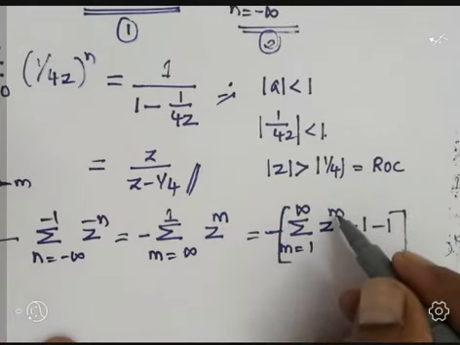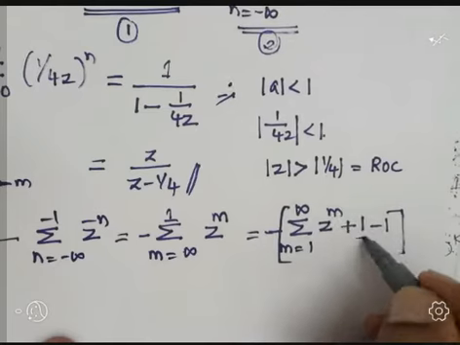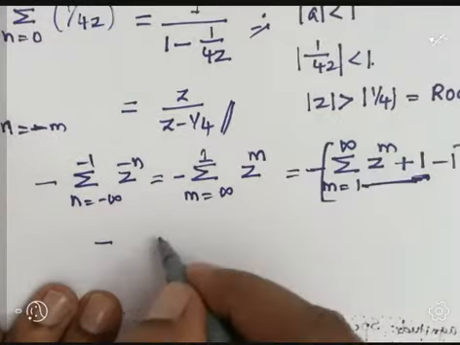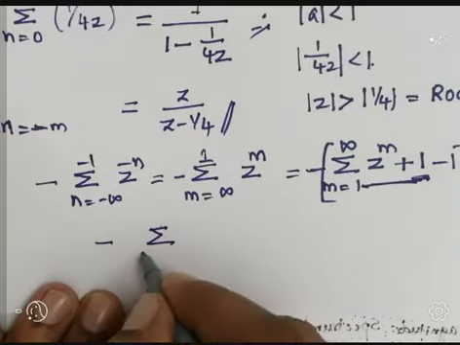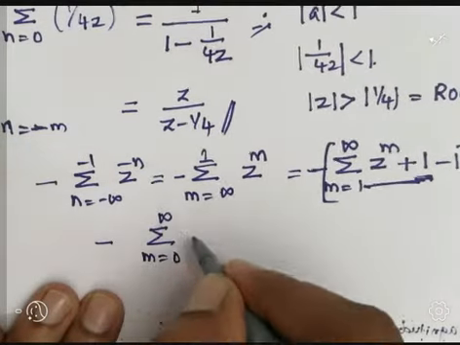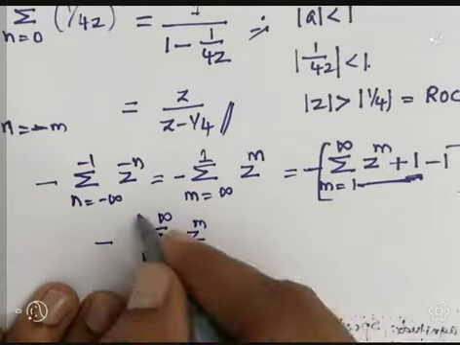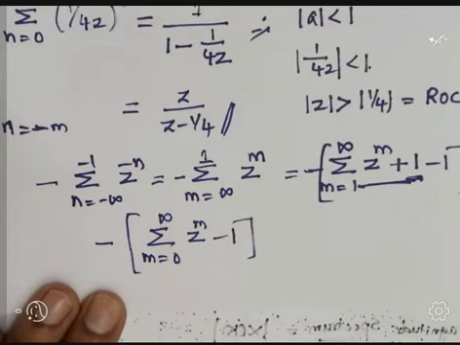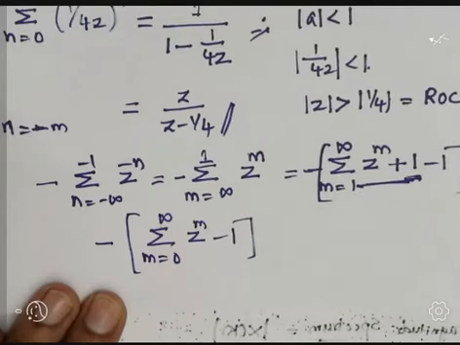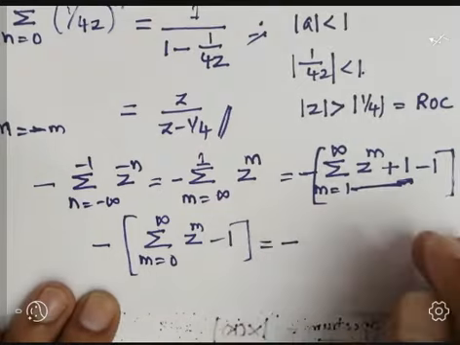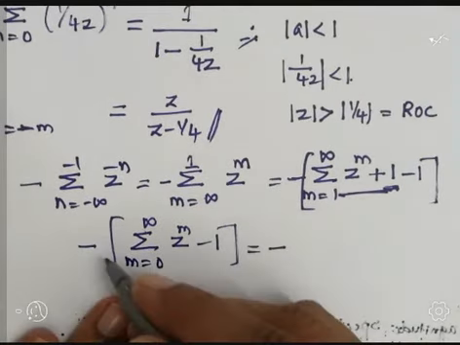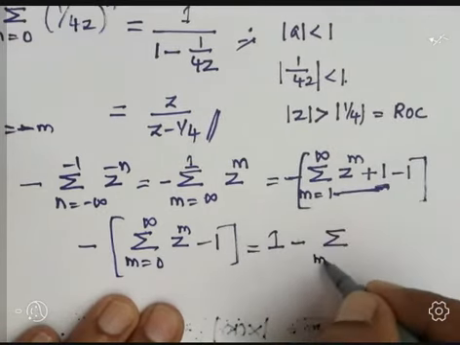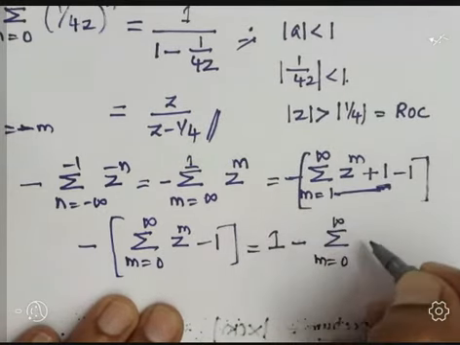Z to the power 0, which means 1. So we can write this together as minus summation m equal to 0 to infinity z to the power m, minus 1. Further simplification, I will multiply the minus into this one: 1 minus summation m equal to 0 to infinity z to the power m.